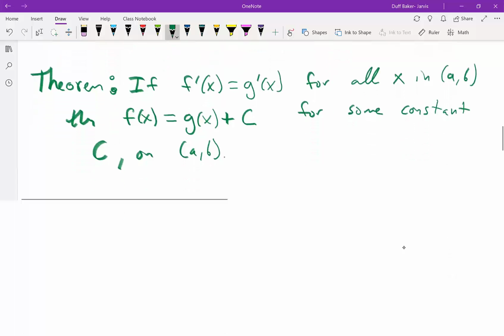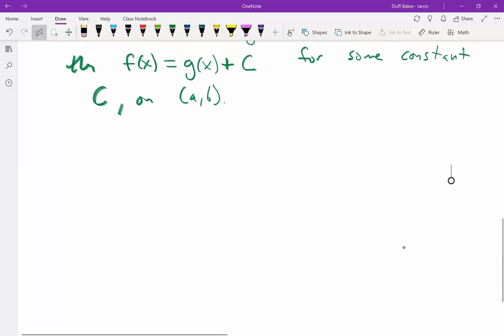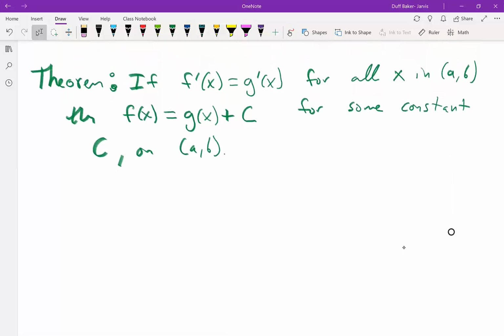And so really what this is saying, let's think about this. If I knew this was the derivative, and we were asking the question, what is the original function f?